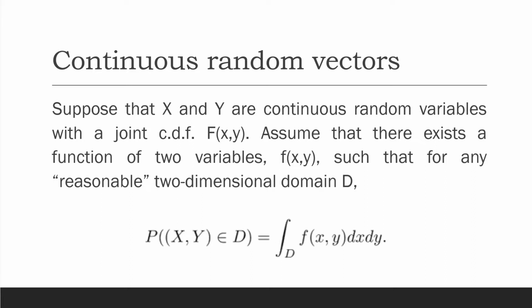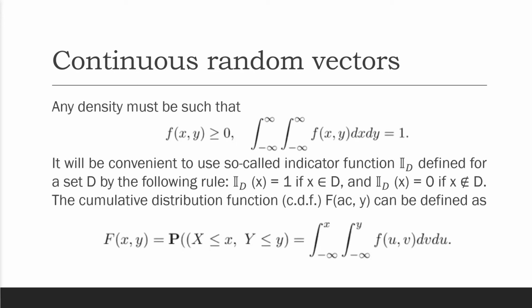In that concept, any density must be such that f(x, y) is greater than or equal to 0, and the integral from negative infinity to infinity of the integral of f(x, y) dx dy from negative infinity to infinity is equal to 1.